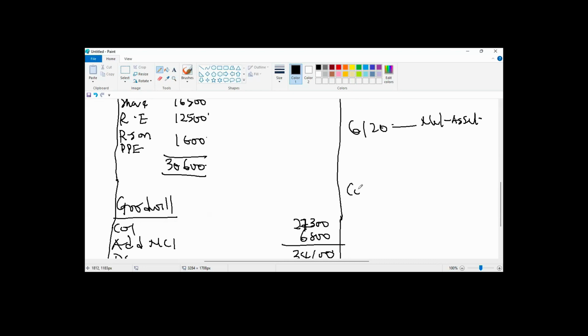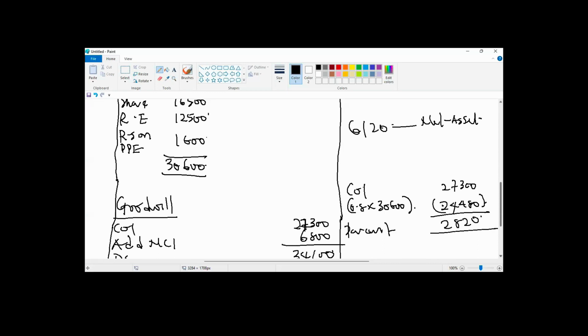I can get the parent goodwill: cost of investment 27,300 minus the parent portion of net assets, 0.8 times 3,600, which is 2,880. 27,300 minus 2,880 gives 24,420. This is the goodwill of the parent.